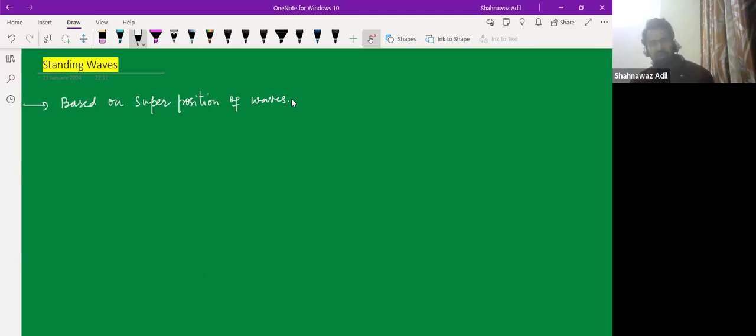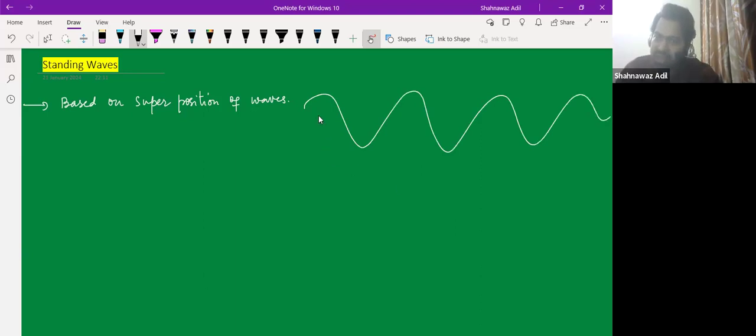But if somehow we confine that transfer of energy within a particular boundary, that is called standing waves, right? So those waves in which the transfer of energy takes place between some boundaries are called standing waves. Let's say this is a wave which is traveling, so this end is infinity, this end is infinity. But we confine this wave within a boundary.